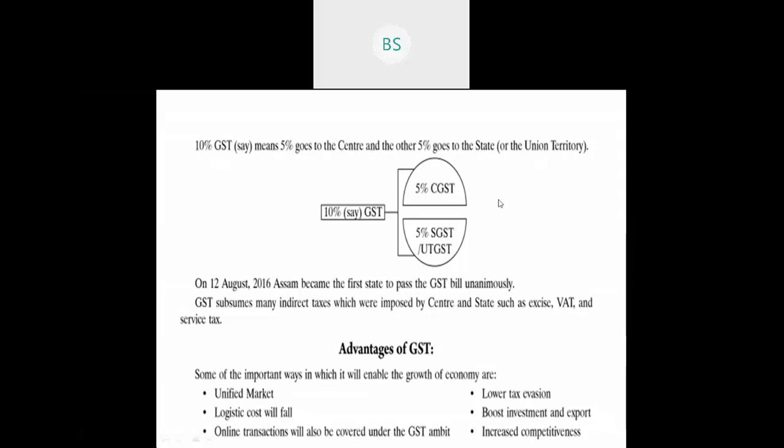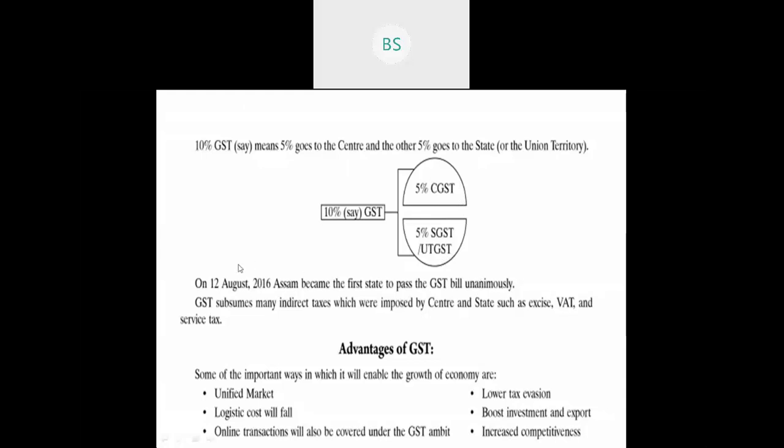Means if the transaction is happening from Belgaum to Hubli, and 10% GST is given by the government, it should go 5% to central and 5% to state. So it is mentioned here as 5% and 5%. On 15th August 2016, Assam became the first state to pass the GST bill.